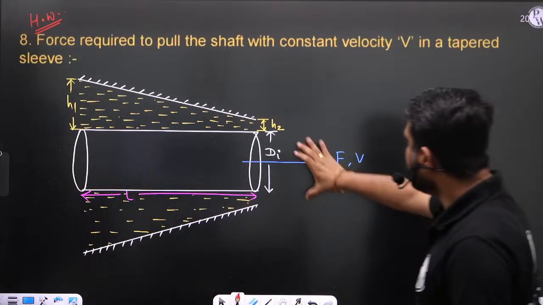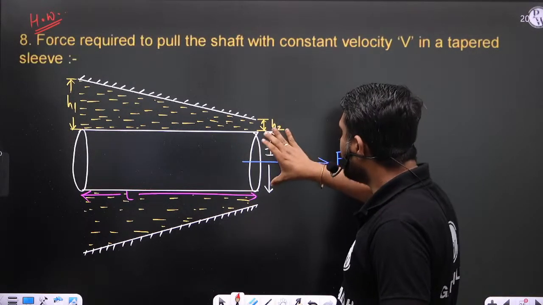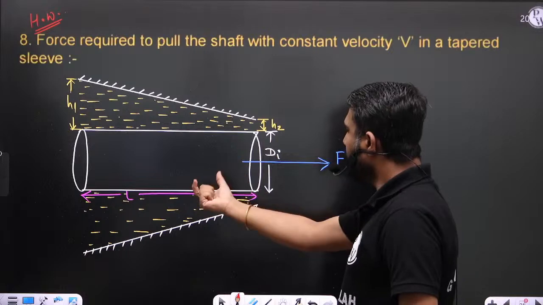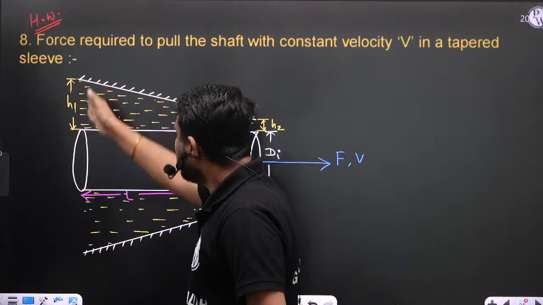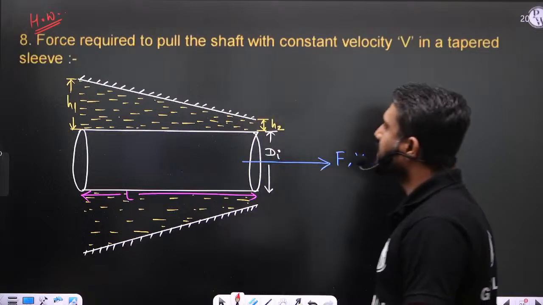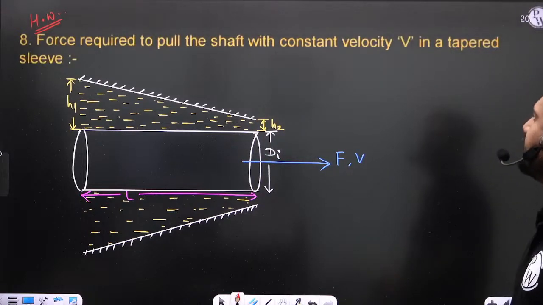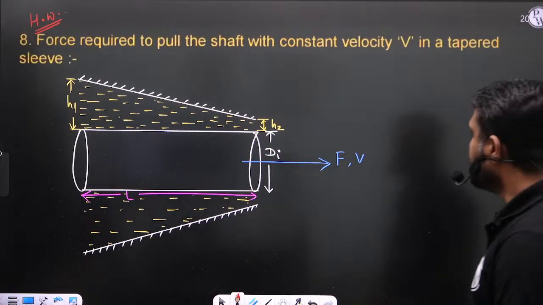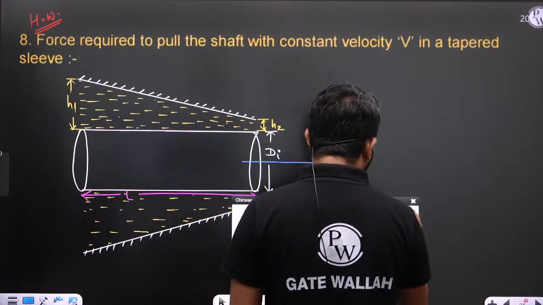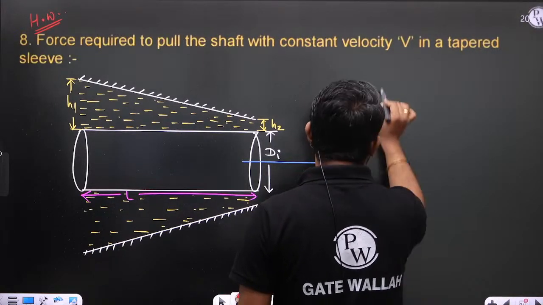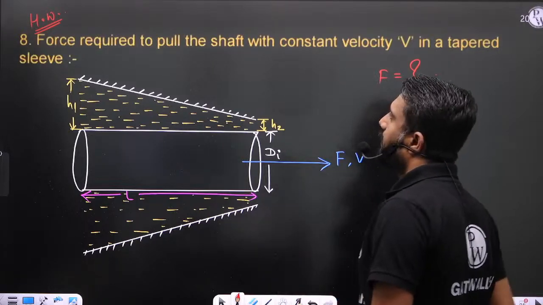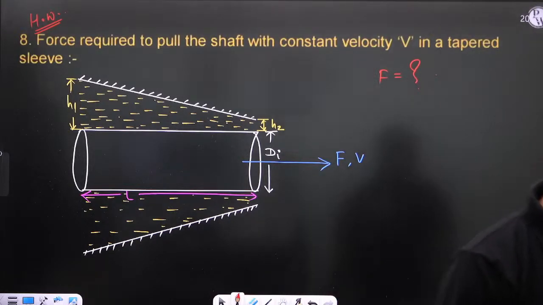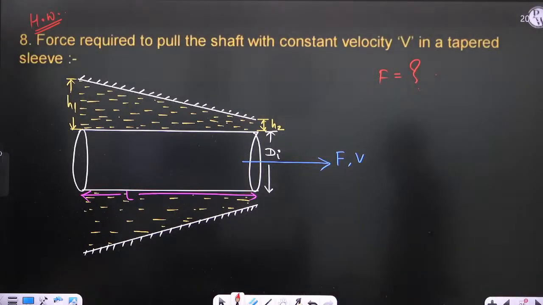So this is di, the diameter of the shaft. Length of the shaft is L. You can say at x is equal to 0, that gap is H1, and at x is equal to L, that gap is H2. So question is, what is the force F which is required to pull the shaft with constant velocity V?